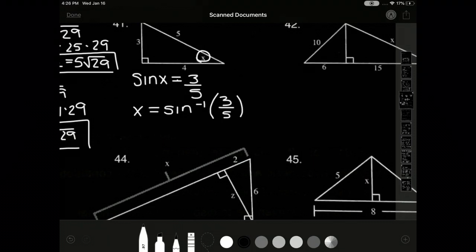So on your calculator, you just have to hit second and whatever trig function you chose, and then put in your 3 divided by 5, or your 3 divided by 4, or your 4 divided by 5, depending on the trig function. So we get x equals 36.87.